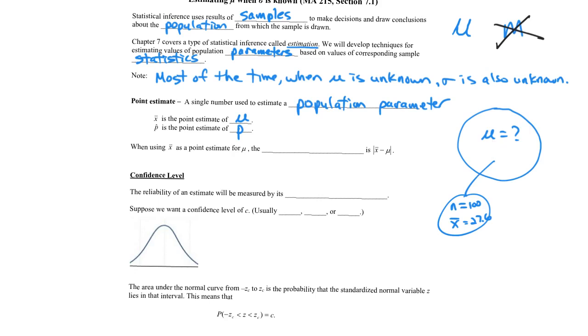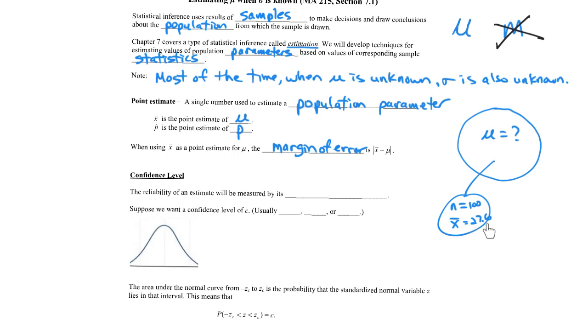So when using x bar as a point estimate for mu, the margin of error is this number here. Now, if you look, this is the absolute value symbol, right? So the margin of error is just the difference between x bar and mu.